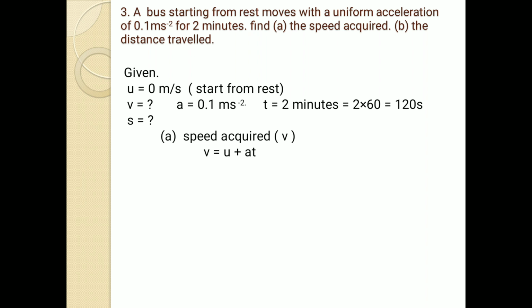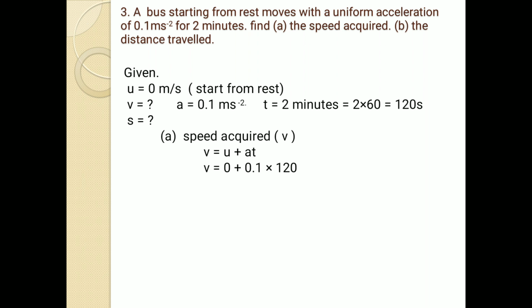Yes, this equation of motion we can use because u already we found 0, and acceleration they have given, time also they have given. So we can find out final velocity by using the first equation of motion. So substitute all the values. V is equal to 0 plus 0.1 into 120.